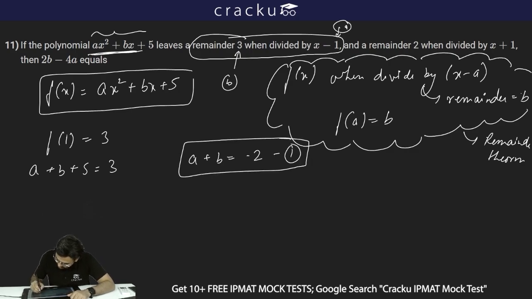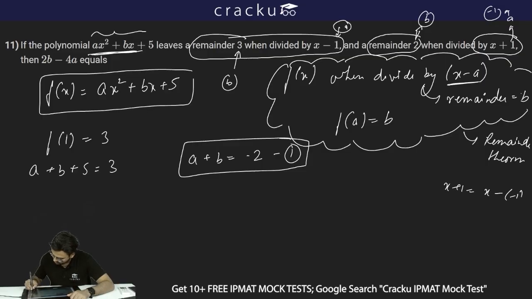Now it is further given a remainder 2 when divided by x plus 1. So this is again my b value, and for x plus 1 my a value will be this time minus 1, because it is x minus a. So x plus 1 can be written as x minus minus 1.